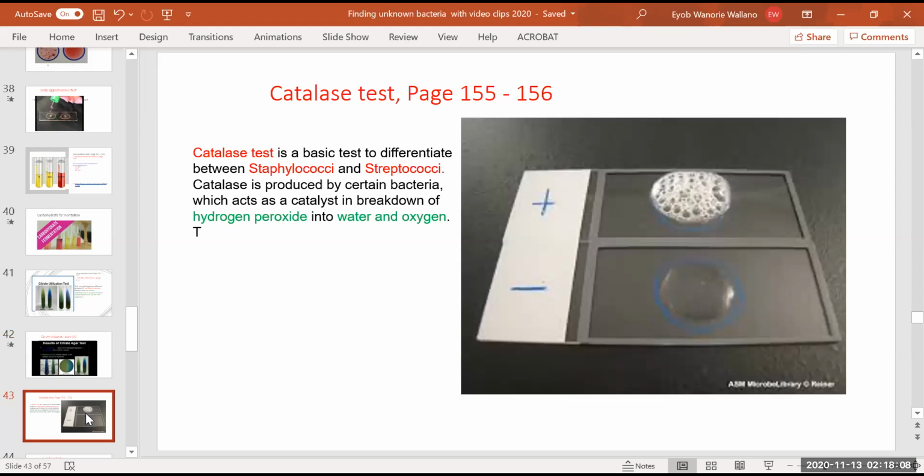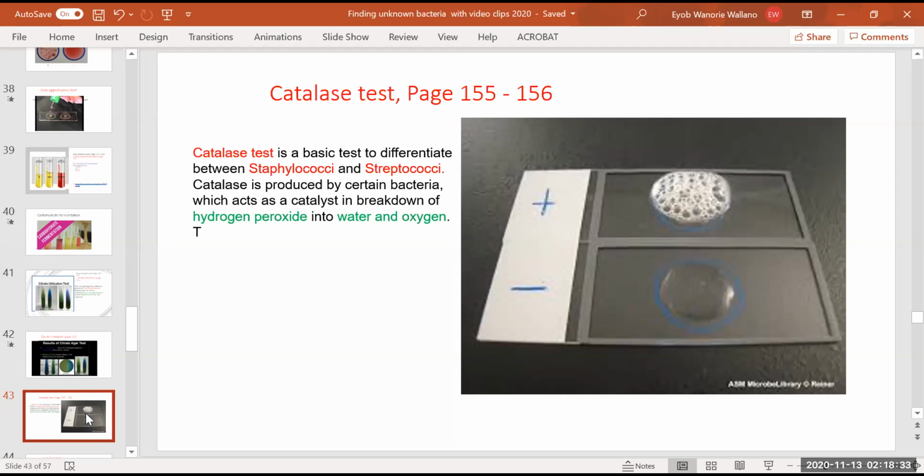Now, the catalase test is very interesting also. We can do it in a different way. Catalase is very important. You remember when we say catalase, coagulase. Staphylococcus is going to have a coagulase enzyme.